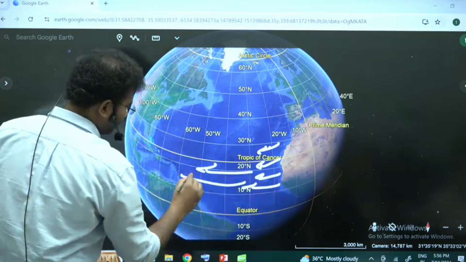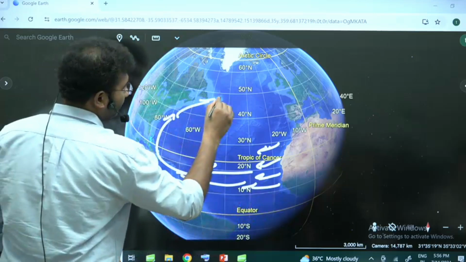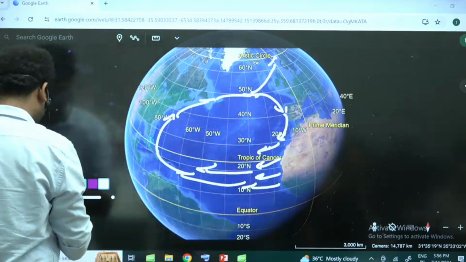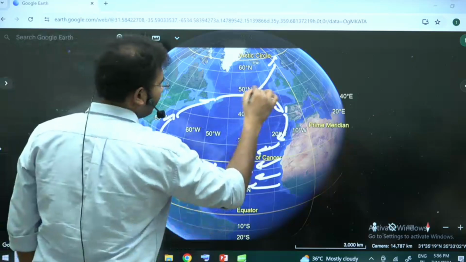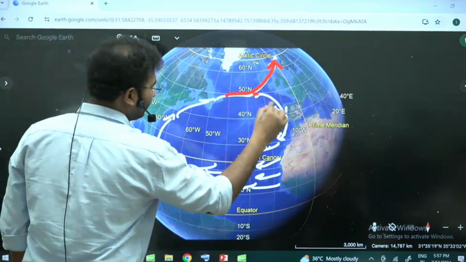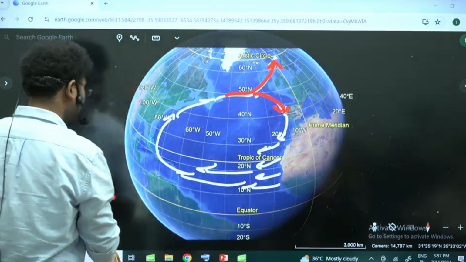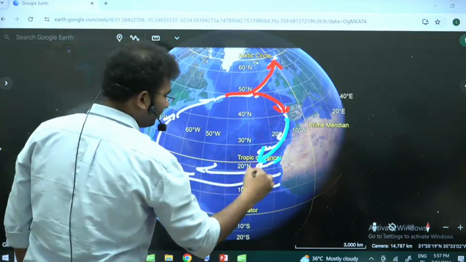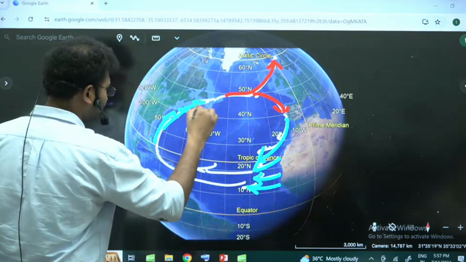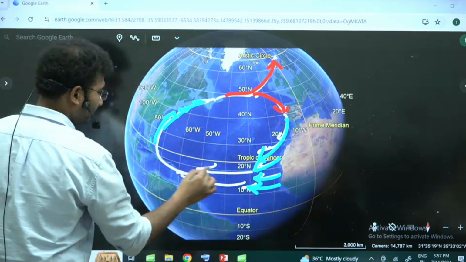Easterlies. This is how the movement of the oceanic water is there, and here you have warm water, and by the time they come here, this turned out to be a little cold. This is your cold water, and comparatively this is also cold, and this is your warm.